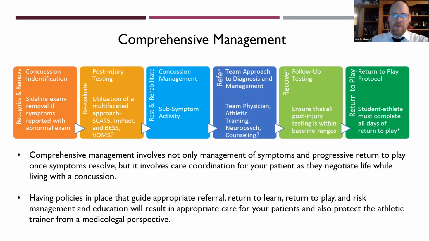I do think that it is clinically reasonable to implement these once a patient has started to show improvements in symptoms. But you have to be really observant, and you have to know when to make that referral.